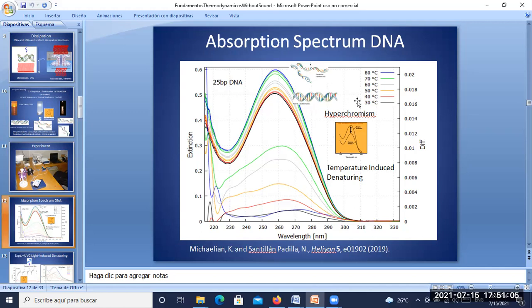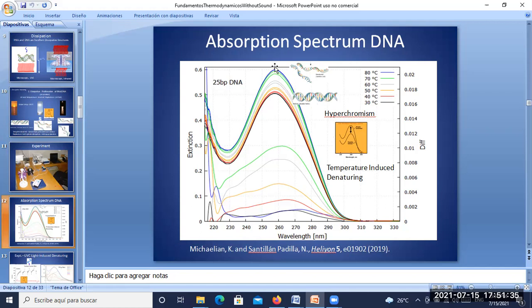Okay. Well, it depends on the temperature. On the graph, the green and the black at the bottom correspond to double strand.